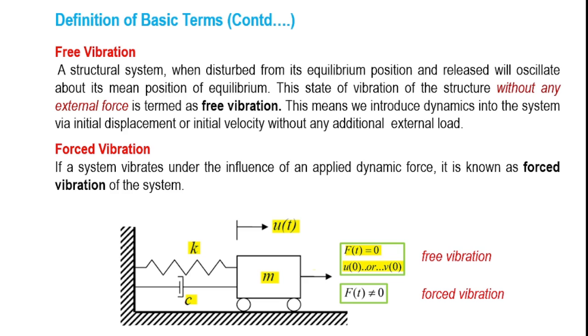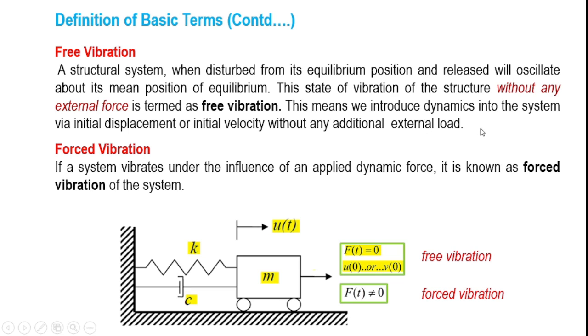So you may ask, then what is required to start this free vibration process? So the answer is very simple. If we want to introduce dynamics into the system for a free vibration process to start, we need to introduce either an initial displacement or an initial velocity without any additional external load.